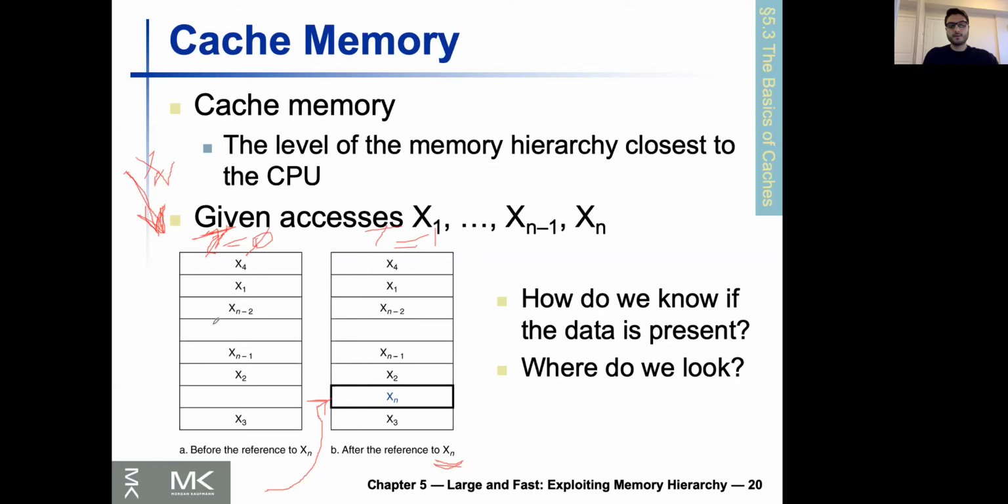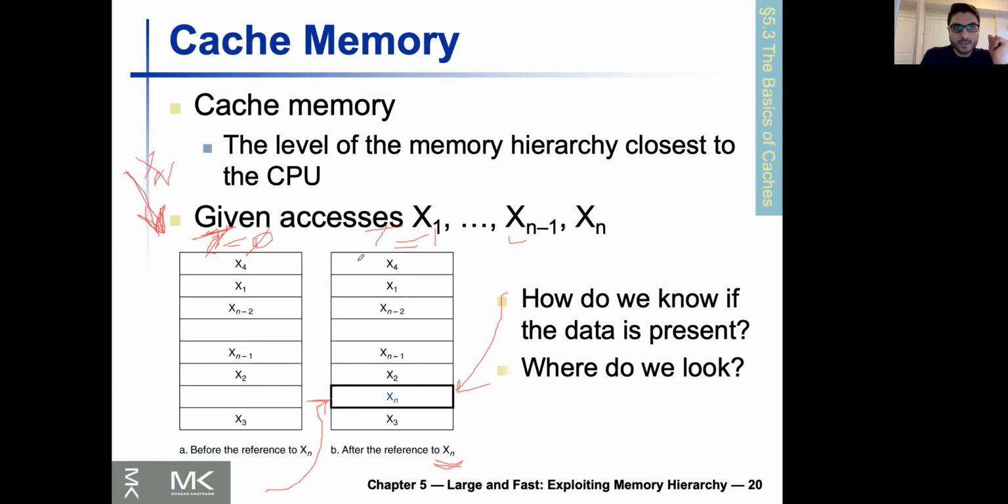At T1, we have these elements in the cache, and XN is now there. So if inside your code, at T2, we need to access XN again, we're going to hit it right away because it's already there. You don't have to pay the price of a miss.